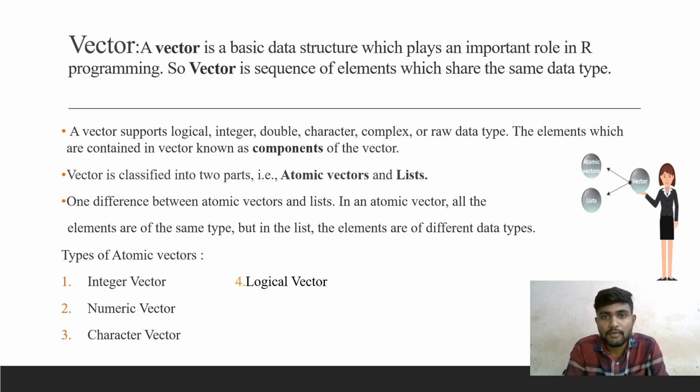If you create a vector using integer values, it is called an integer vector. If you use numeric values, it is called a numeric vector. If you use character values, it is a character vector. If you use logical values like true or false, it is called a logical vector.